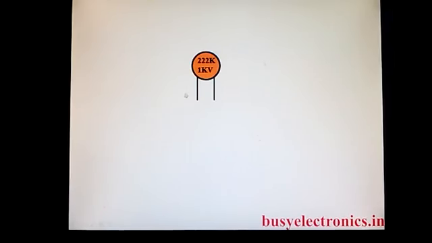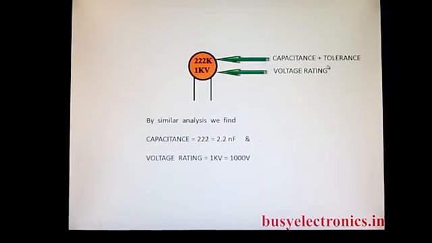So we now take a next example with us. So here as you can see, it has 3 values in it and associated with K. From the earlier discussion we have said that where the V is there, it is the voltage rating. So for the same capacitor, the value for the voltage rating is 1 kV, and here there are 3 numbers as I have said earlier, and it is associated with K. So this K is nothing else but the tolerance.